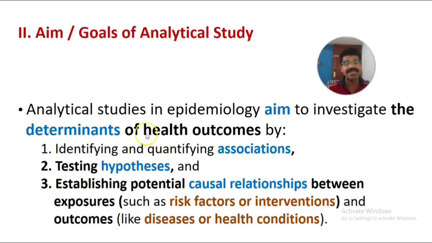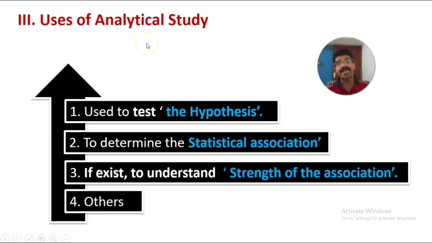So the goals of analytical study include identifying and quantifying the association between the causal factors and the particular outcome, testing the hypothesis formulated at the first step of the analytical study, and establishing the potential causal, etiological relationship between the exposure and the particular problem or disease in the community.